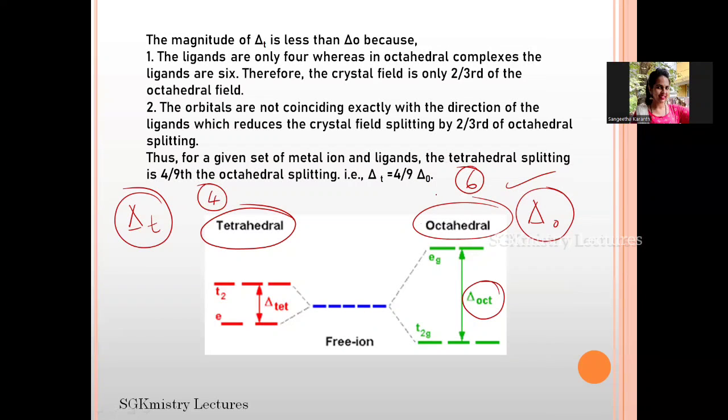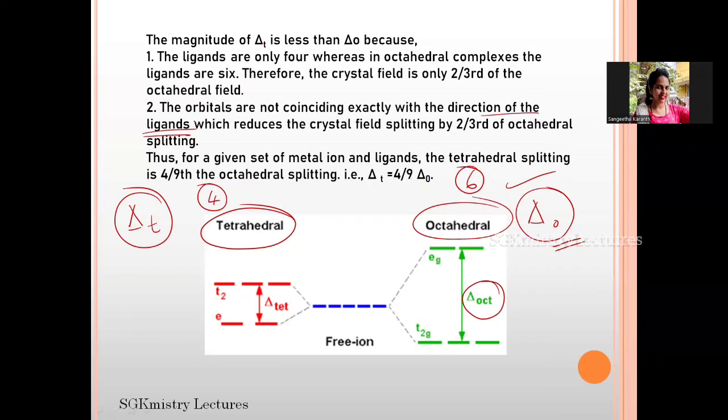And one more reason is, as I've already told, in octahedral complexes the ligands are approaching the metal in the direction of the axis. So the orbitals and the ligands are arranged in the same direction. When I'm talking about dz square or dx square minus y square, these two orbitals are present in the direction of the axis and the ligands are also approaching in that direction.